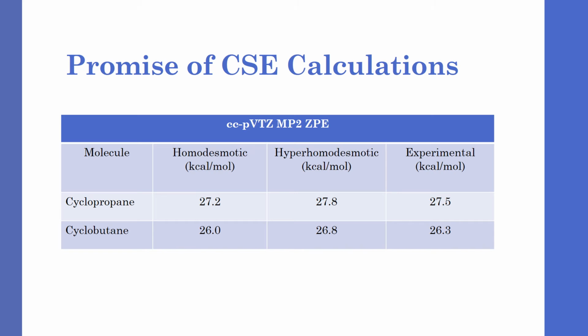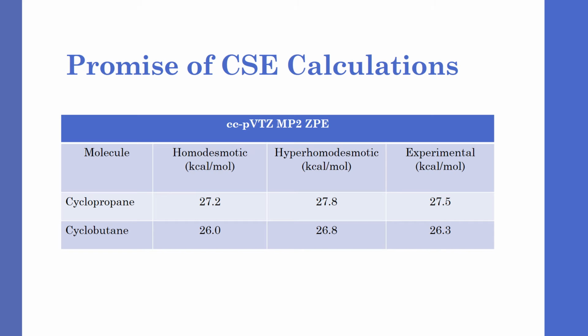If you look below, there is a table for the MP2 zero-point energy corrected triple zeta calculations of the homodesmotic and hyperhomodesmotic equations for cyclopropane and cyclobutane.